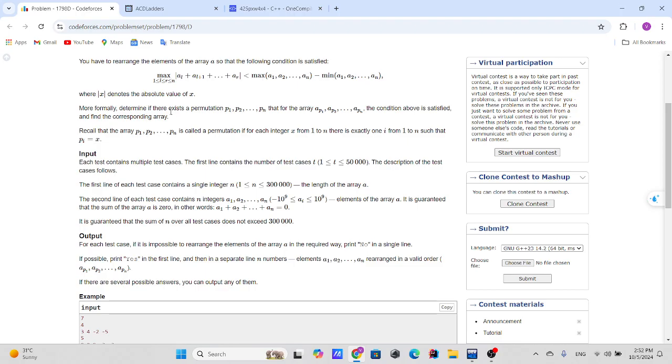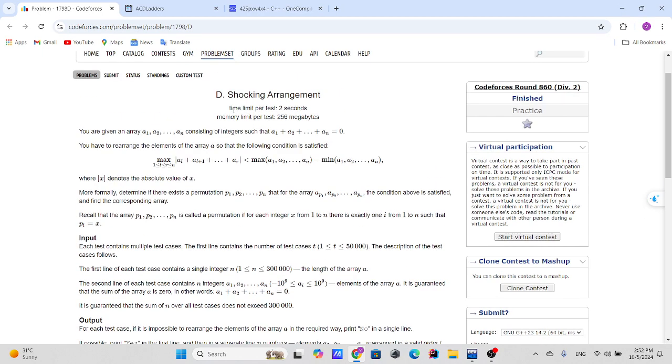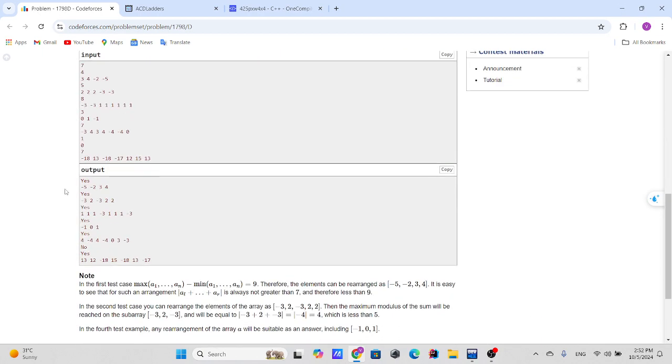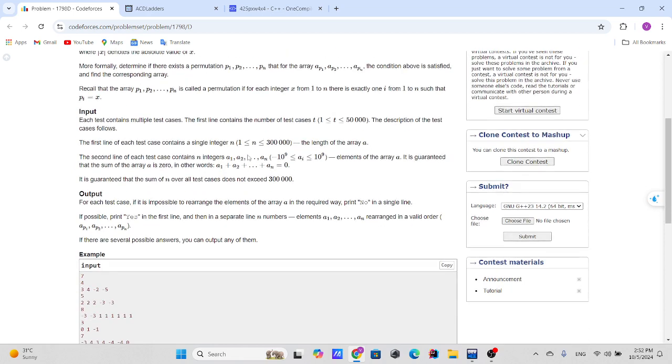More formally, there exists a permutation such that the condition above is satisfied, and find the corresponding array. So print yes or no, right? Each contest.